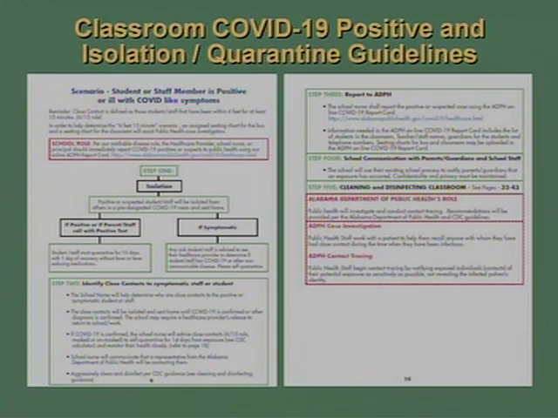In the red box on this piece of paper, on the scenario, I want to read this because this is important. Per our notifiable disease rule, the healthcare provider, school nurse, or principal should immediately report COVID-19 positives or suspects to public health using our online Alabama Department of Public Health report card.